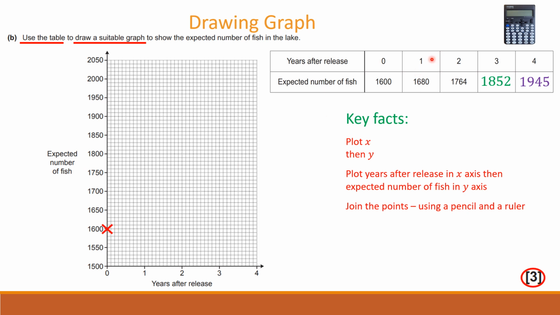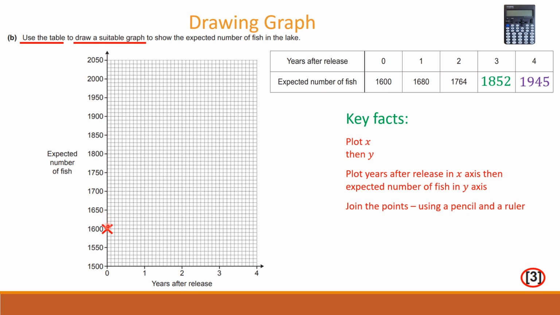The next one's slightly harder because we're going across 1 year and then we're going to go up 1,680. So going across 1 is easy, but reading up 1,680, we've got 1,600, 1,650, and then we've got 1,700, but we've got to work out what this scale is going up in. So if you look between 1,600 and 1,650, that's the easiest. You can see we've got 5 little lines.